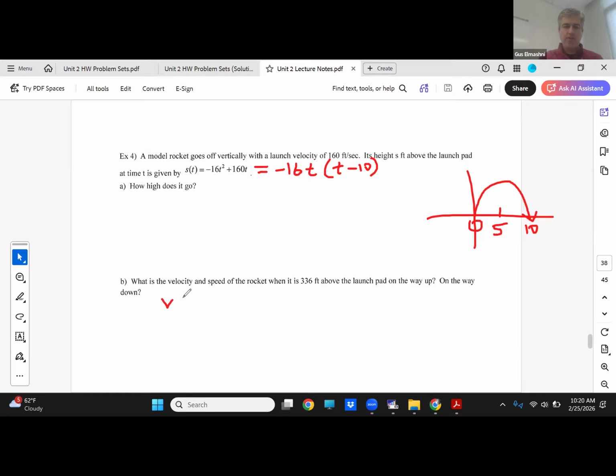And velocity, of course, is going to be negative 32t plus 160. Why don't you guys work it out?